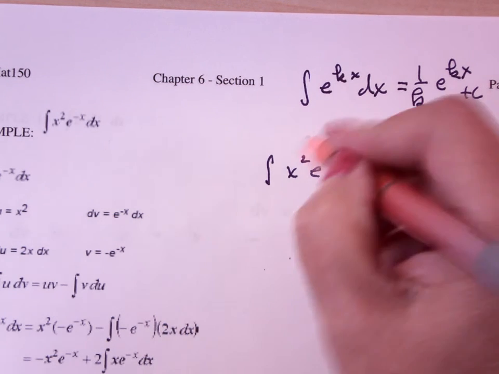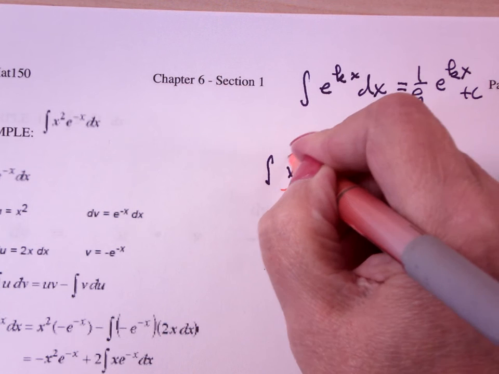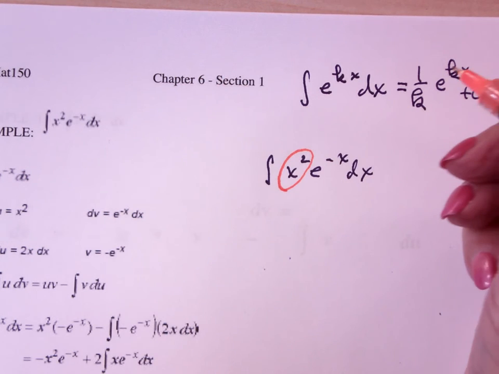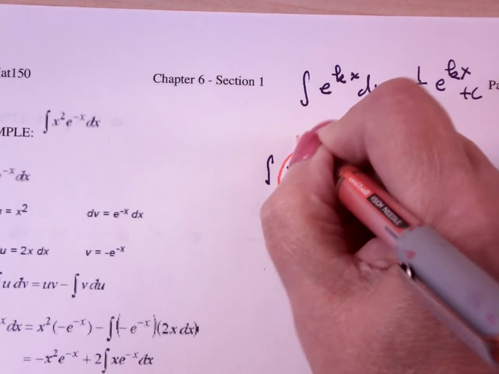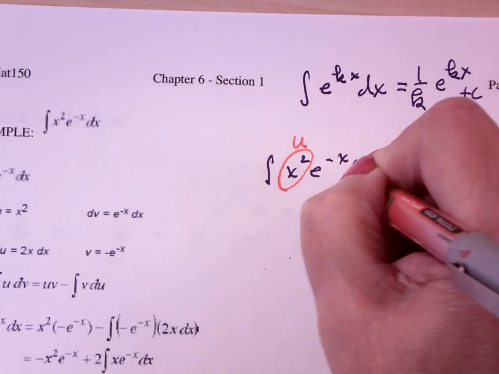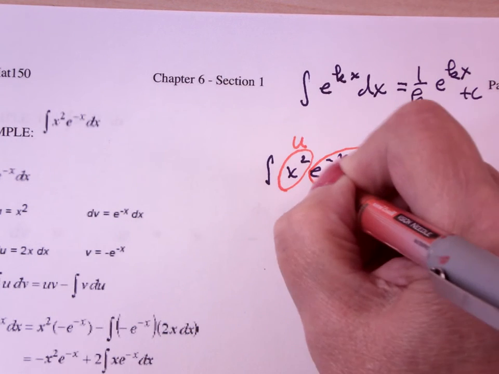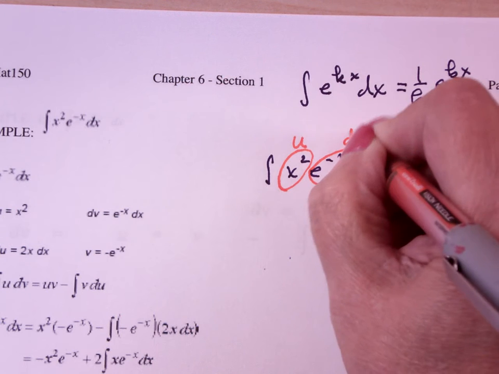So this guy gets differentiated, so he's going to be u. And this thing is going to get integrated, so he's going to be dv.